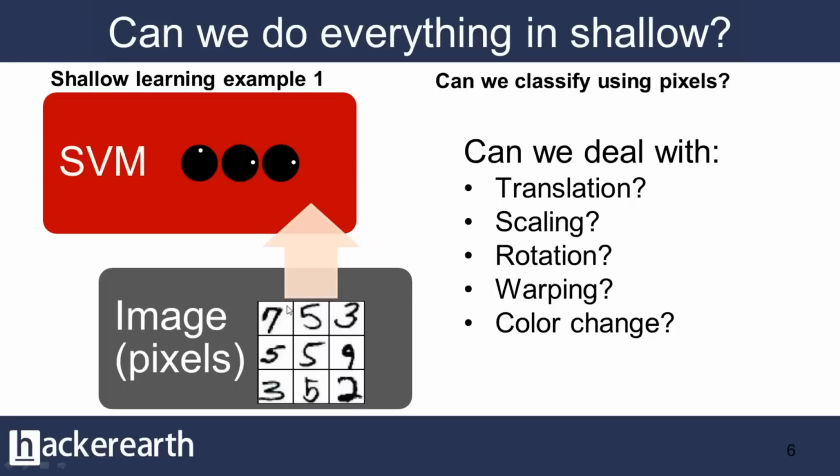So let's say you have images, and these images are represented by a matrix of pixels. And if you see a white dot, that means the pixel value is high, let's say 255. And if you see a black dot, then the value is low, let's say 0.